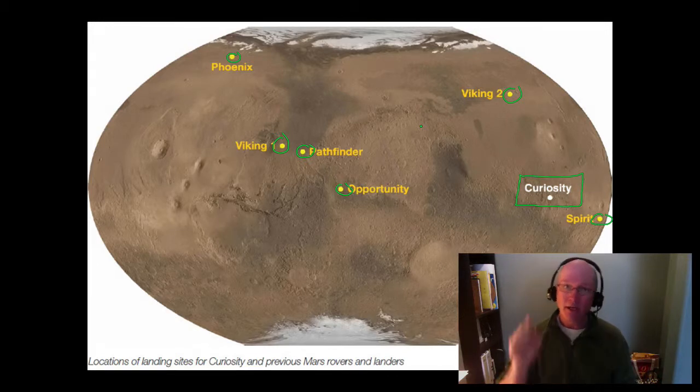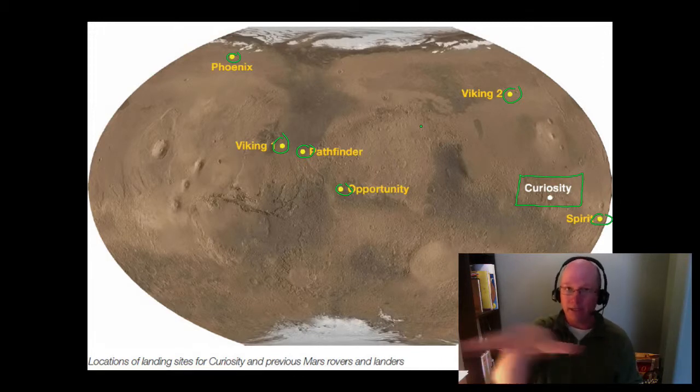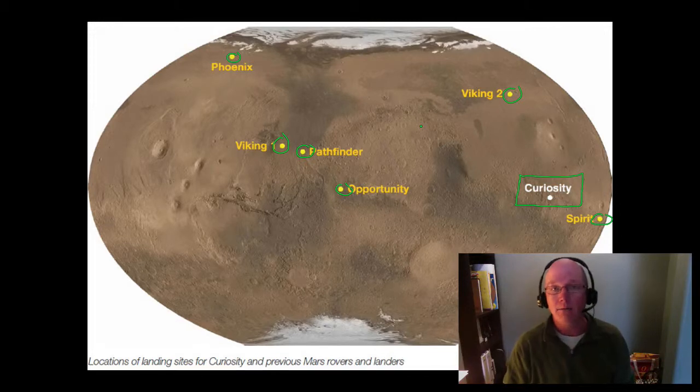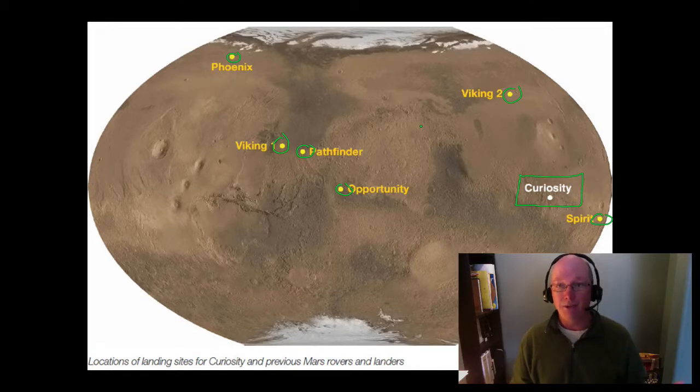We could say, go to that rock, 100 feet away, and then it would try to find its own way there. Now, if it got stuck, it would have to radio back, but it had an ability to kind of find its own way through the terrain. And now Curiosity is about the size of a small crossover SUV, and it's doing the same thing. So we've really kind of ramped up what's been going on for robotic exploration of the surface of Mars, and we've been sending one about every 2 years for a while now.